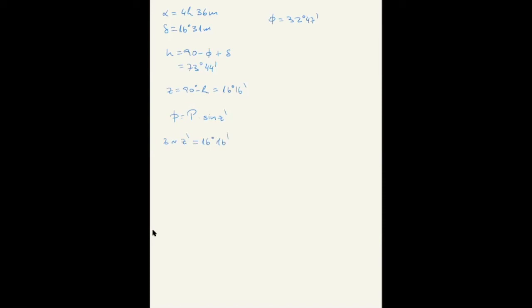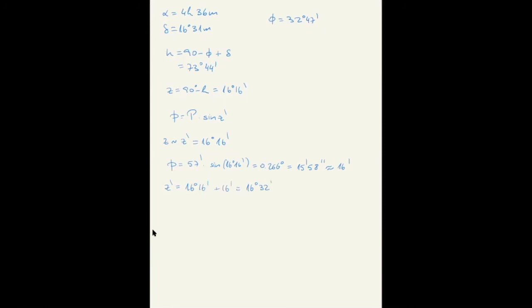If we put that into the parallax, the horizontal parallax of the moon is 57 minutes, times the sine of 16 degrees and 16 minutes, that gives you 0.266 degrees, which is equal to 15 minutes and 58 seconds. So essentially the same, 16 minutes. So you have to add 16 minutes. That would make the apparent zenith angle 16 degrees and 32 minutes.